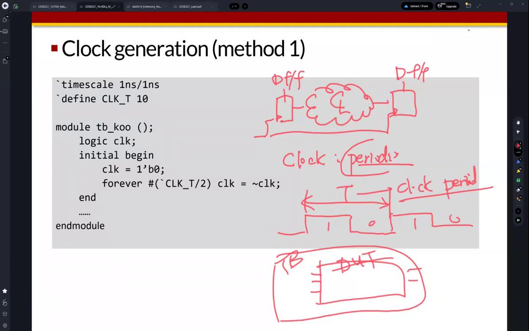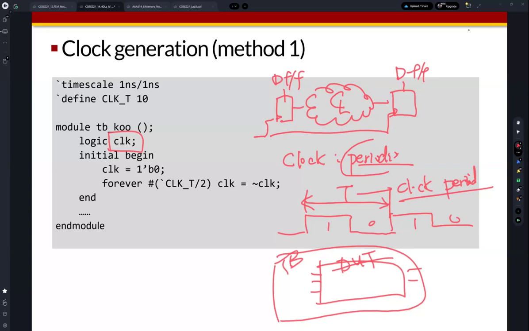We define clock signal, we declare clock signal. Okay, and then you can find the initial statement. So what is the definition of initial? Initial means that at the beginning of simulation, this initial statement will be executed.